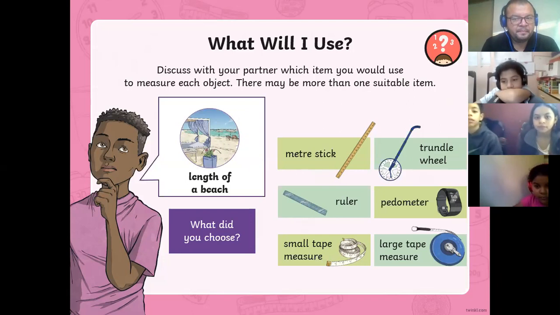Could be a trundle wheel or a large tape measure also, right? But in this one it is almost what? Maybe 500 meters, maybe. And the trundle wheel is going to continue, right?